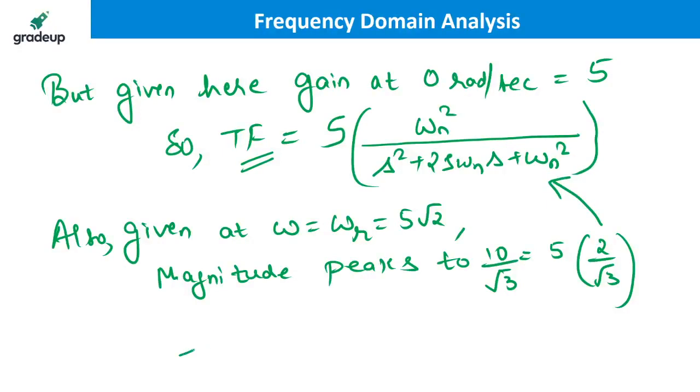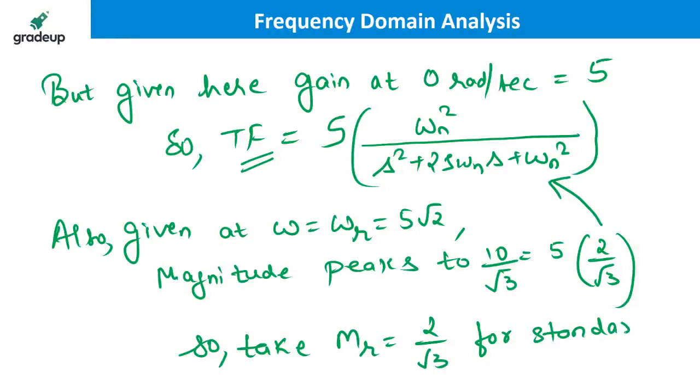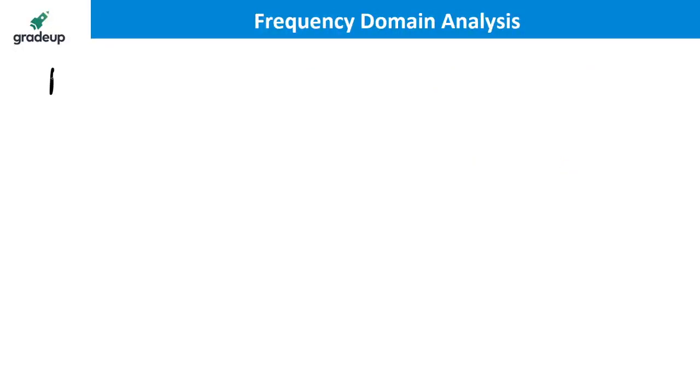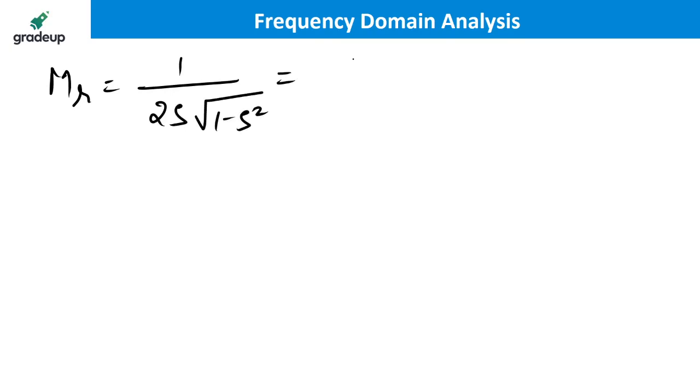So you have to take MR equal to 2 by root 3 for the standard transfer function, and use the formula MR equal to 1 upon 2 zeta root 1 minus zeta square as 2 by root 3.